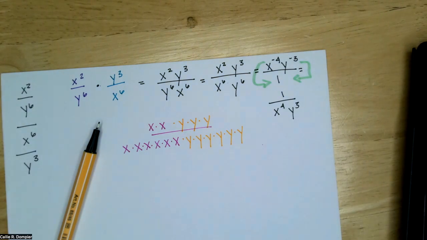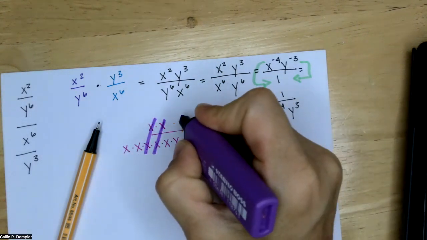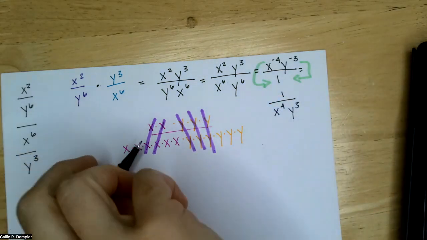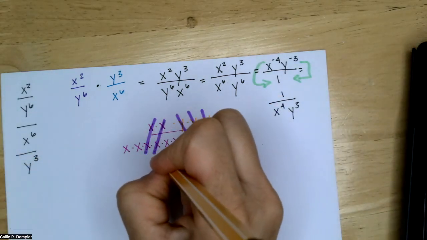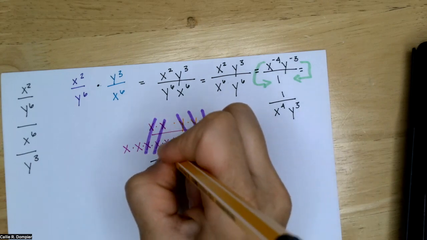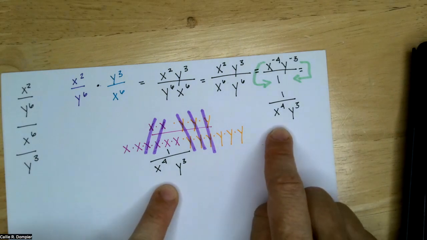And then we just cancel them. This x cancels this x, this x cancels this x, this y cancels this y, this y cancels this y, this y cancels this y. We have 4 x's and 3 y's on the bottom, and we have nothing on top, but we keep a placeholder as 1. Either way, that's your answer.